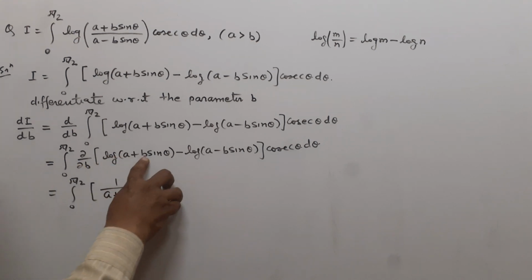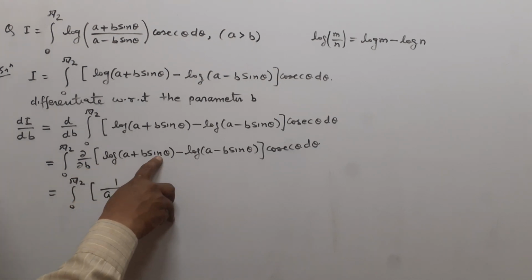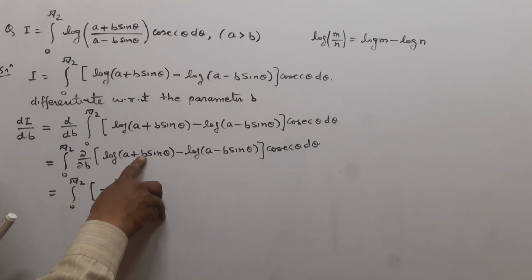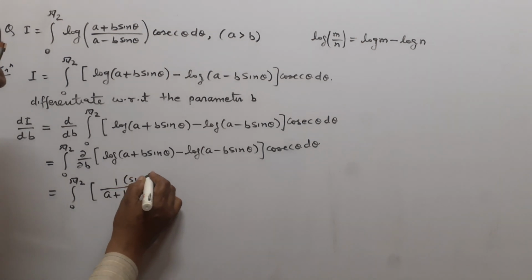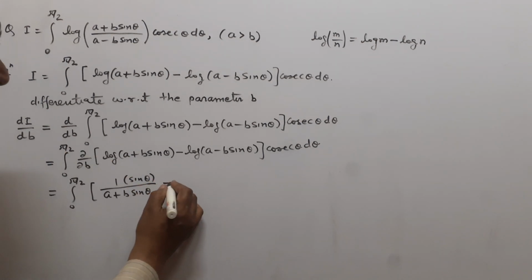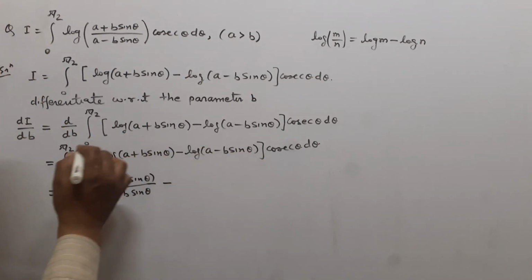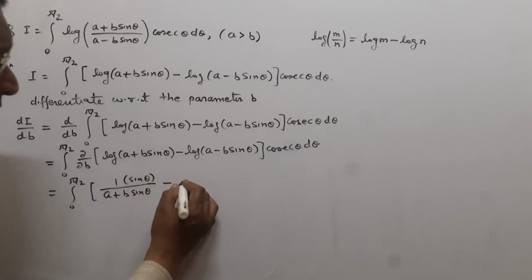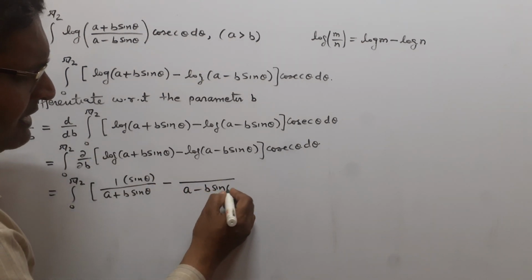When we differentiate b sin theta partially with respect to b, sin theta is constant and the differentiation of b is 1, so we write sin theta. Similarly, in the second term, when we differentiate log (a minus b sin theta) partially with respect to b, we write 1 upon (a minus b sin theta).